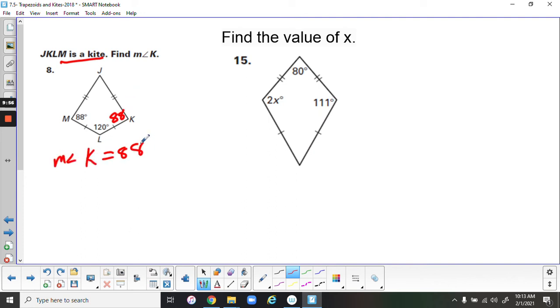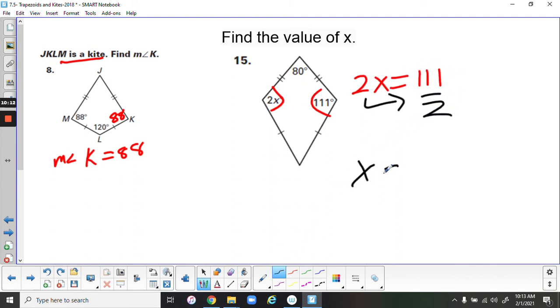That was easy. On 15, these two angles are going to be congruent, so 2x equals 111. All we got to do is just divide by 2. I think it's 55.5.